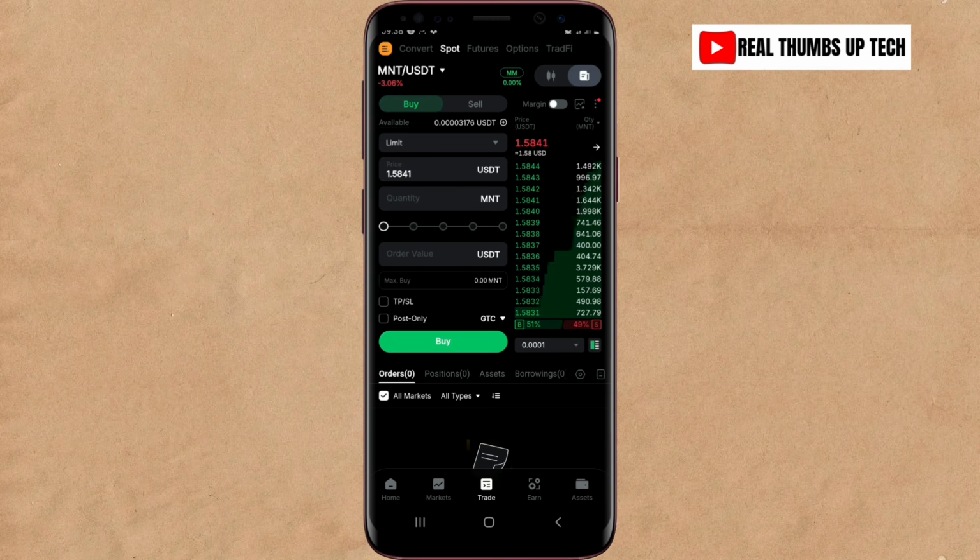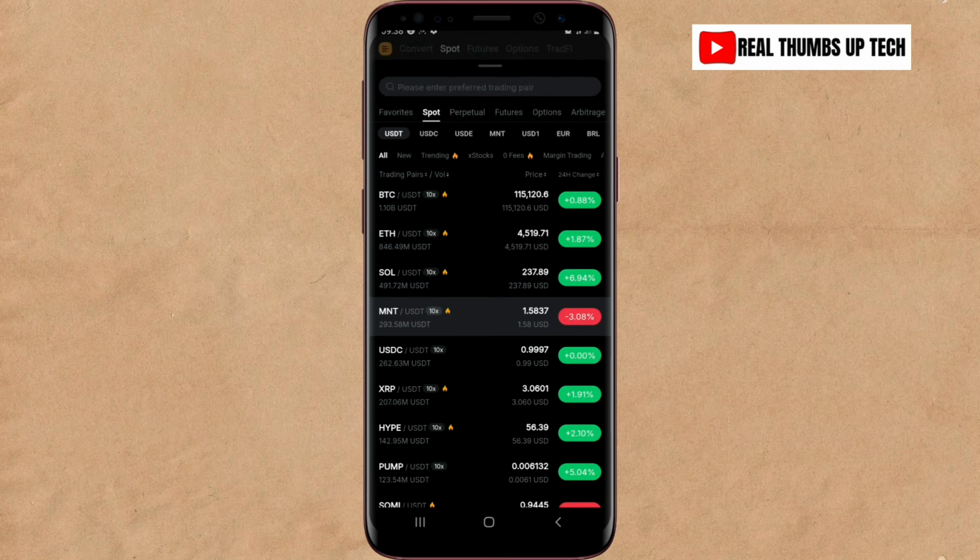So you go over to this option here so that we can select the pair we want to trade for today. For me, I prefer starting out with stable coins. That is my own preference. I prefer starting out with USDT, although sometimes I can use other coins.